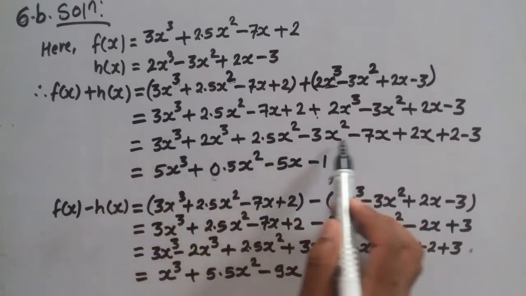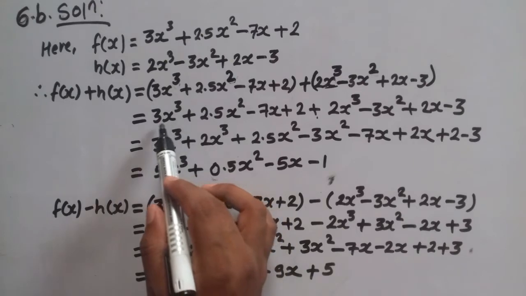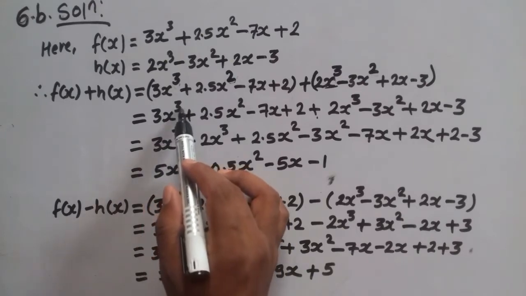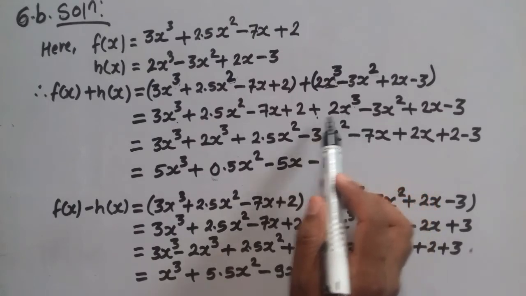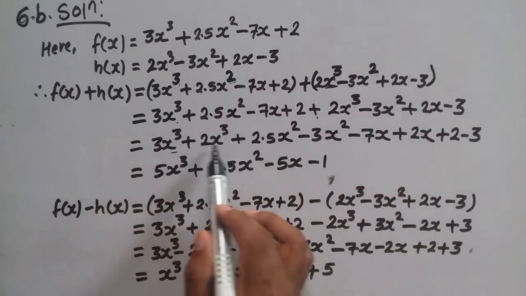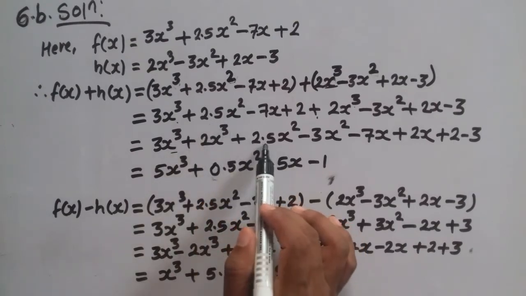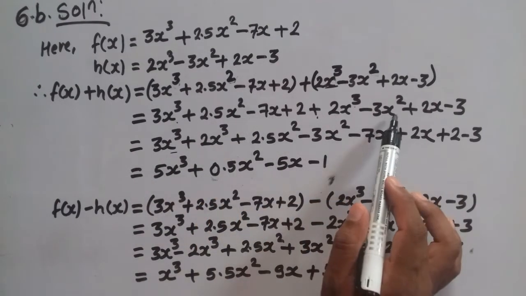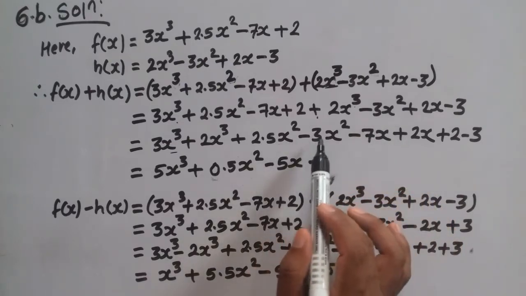Then in this step we have arranged the like terms. Here power x^3 is, and here is also power x^3 of x, so we have written this together. Then this 2.5 x square and here is also a term containing x square, we have written together.